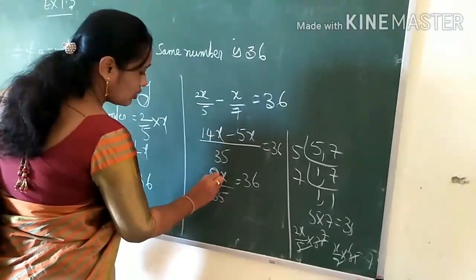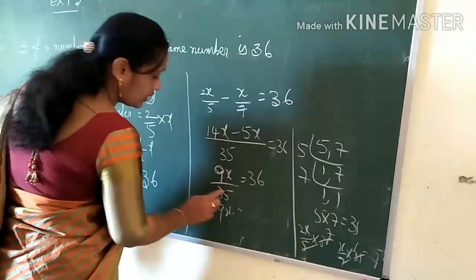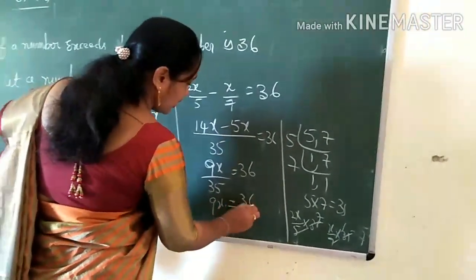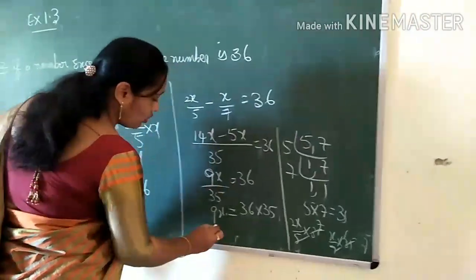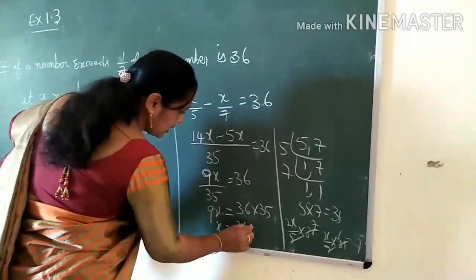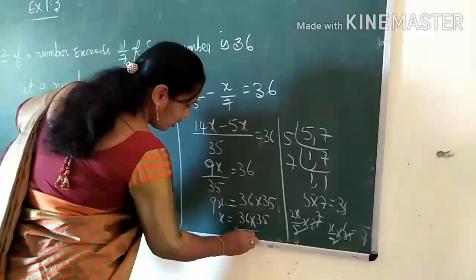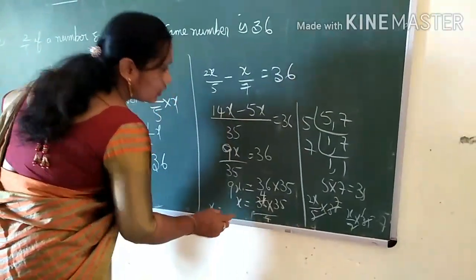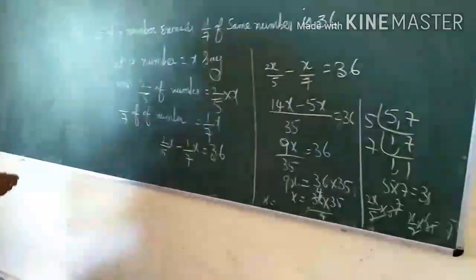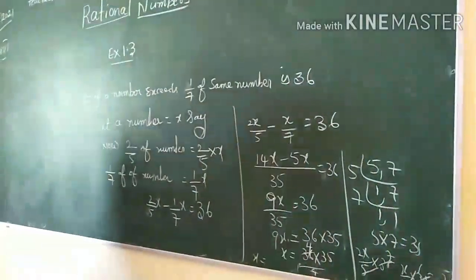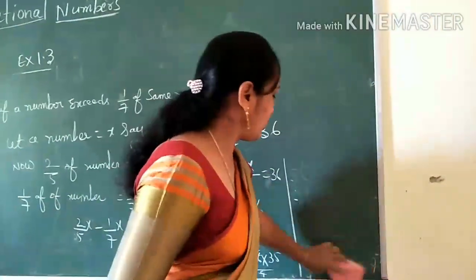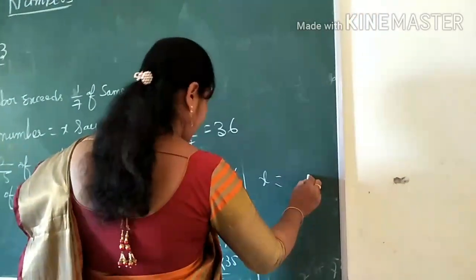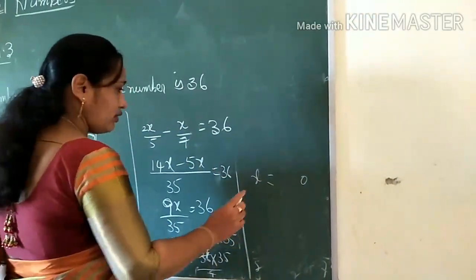Here 9x equals 36 into 35, since 35 is a division on this side and moves to that side as multiplication. To find x: 36 into 35 by 9. 9 fours are 36, so x equals 4 into 35, which is 140.